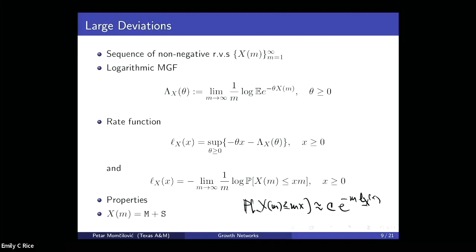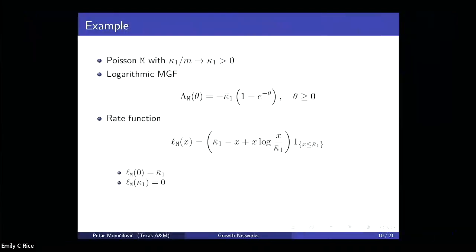This is well studied, and L has nice properties, but in my case, the sequence of variables will be M plus S. To make it concrete, here's my example. If M is Poisson with kappa 1 that grows with m, then I can compute the logarithmic moment generating function. I can optimize to find the rate function. Turns out the rate function looks something like this.